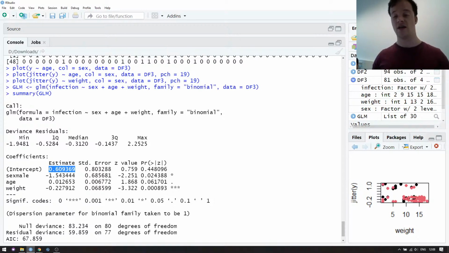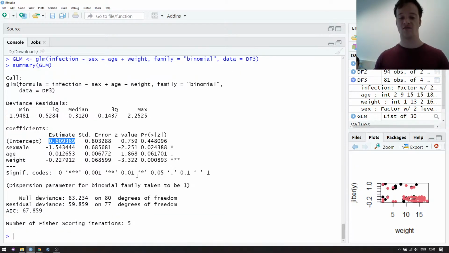If you want to know how you can convert this back to actual proportions, between 0 and 1, the way to do it is to get the inverse of the logit. You don't have to remember this, but it is the exponent of something divided by exponent of something plus 1.